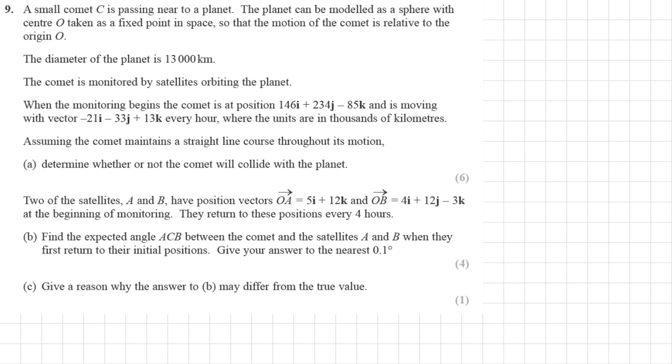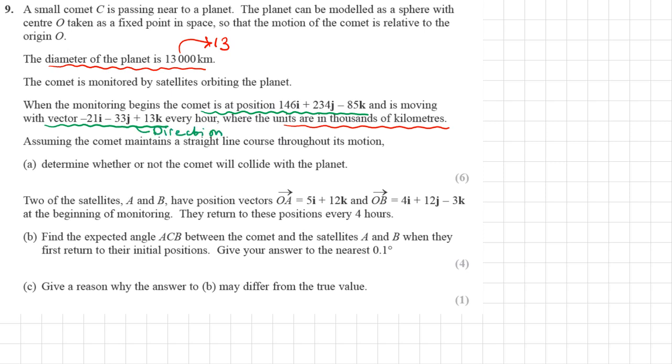Right, so here I've got the diameter of the planet is 13,000. This is measured in thousands of kilometers, so this is going to be 13 here. That's the number I'm going to be using. And then when monitoring is beginning, I have the initial position of the comet plus how it's moving, so that's basically its direction.